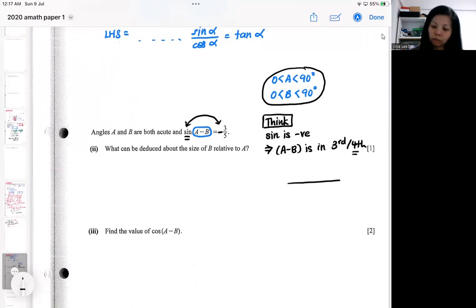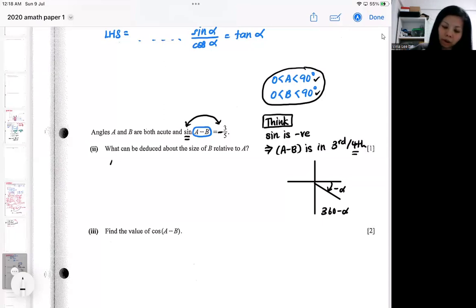So 4th quadrant, how can it be in the 4th quadrant? Okay, there are 2 possibilities for the 4th quadrant. It can be 360 minus alpha, or it can be minus alpha. That means it can be a negative value. So in this case, because of the numerical value, if you subtract the 2 angles, it's not possible that you get the 3rd quadrant.